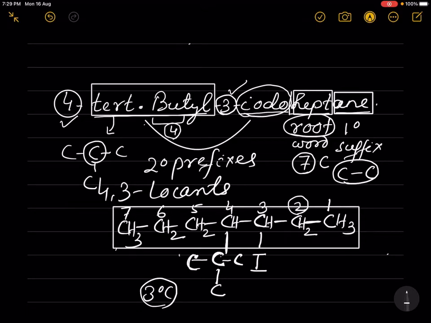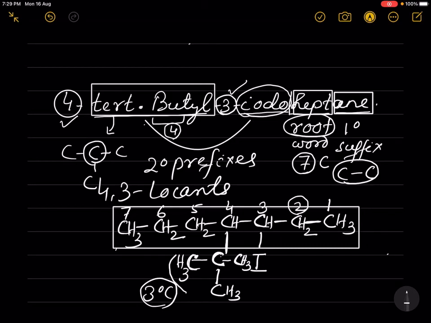So this carbon has 3 hydrogen atoms, this carbon has 3 hydrogen atoms, this carbon has 3 hydrogen atoms, and this is your 4 tert-butyl 3 iodoheptane.